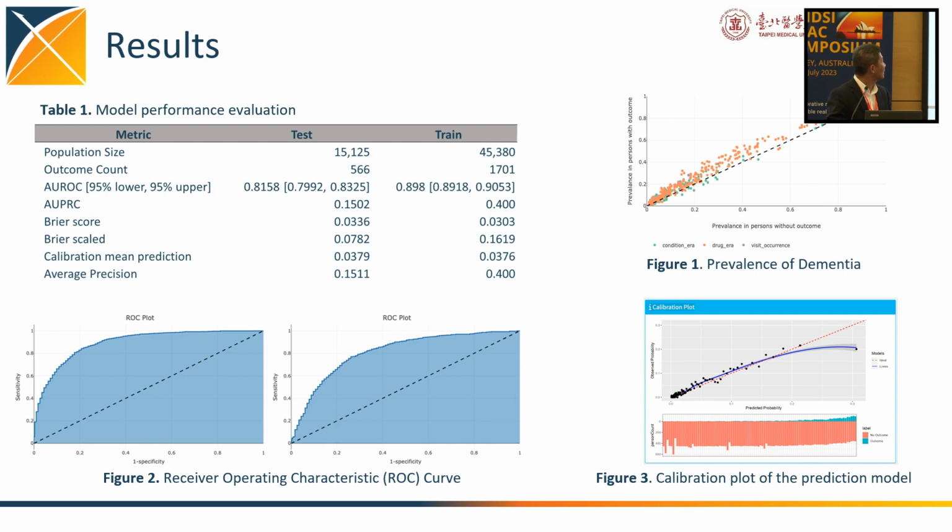However, the calibration plot of the prediction model is up to 1.2, and the average precision is quite low. It's due to the imbalanced outcomes between the negative and the positive class.